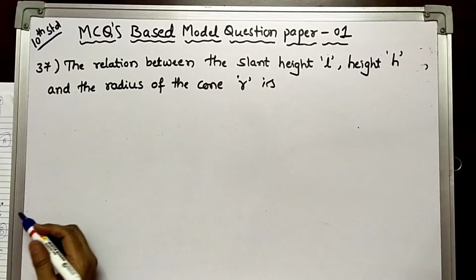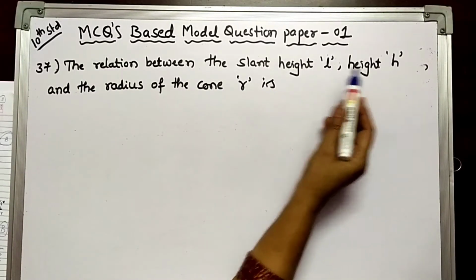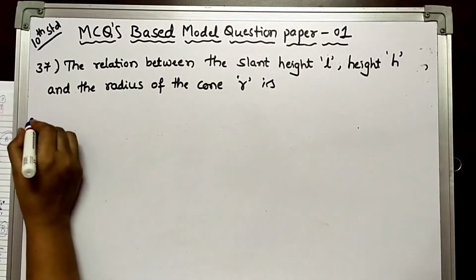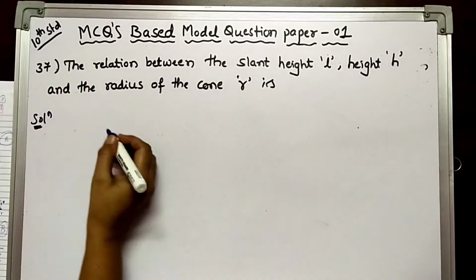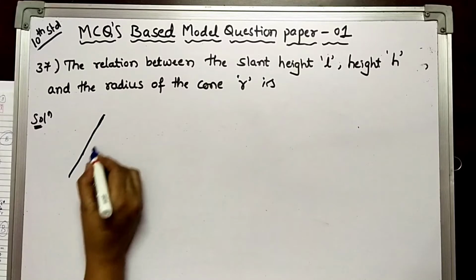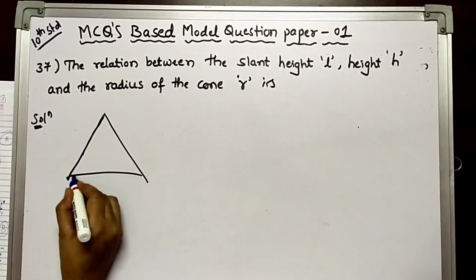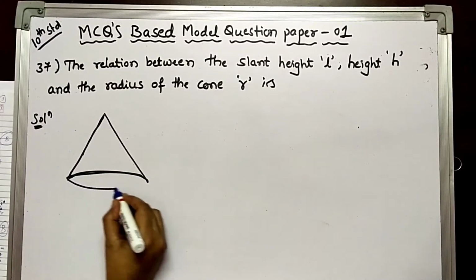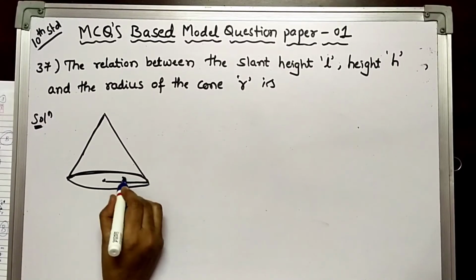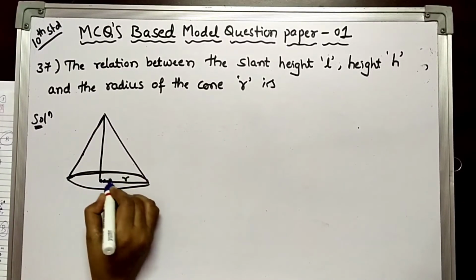Question number 37. The relation between the slant height L, the height h and the radius R of the cone is? It is a cone. Here it is radius R and it is the height.